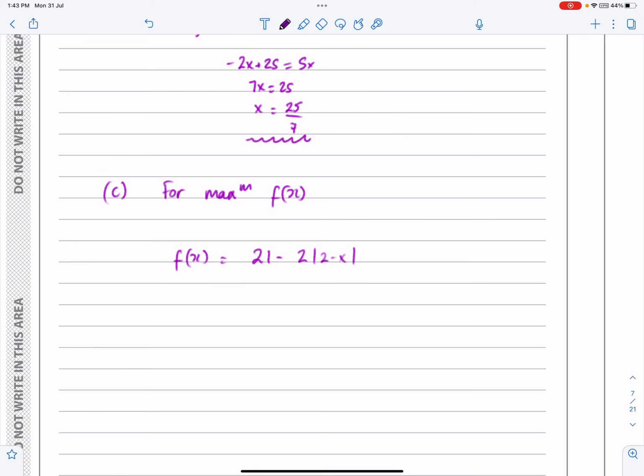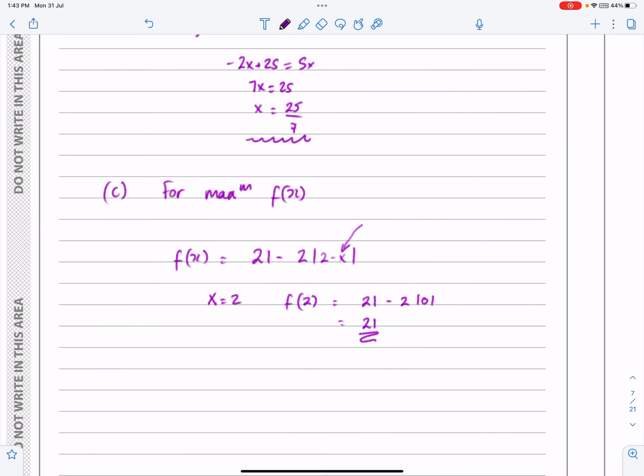And we can see then, just common sense, it's only worth a couple of marks, remember, that if I put x equal to 2, I get that f(2) is 21 minus 2 lots of the modulus of 0, which means I'm not taking anything away from 21, which means I get 21. That has to be the maximum value.